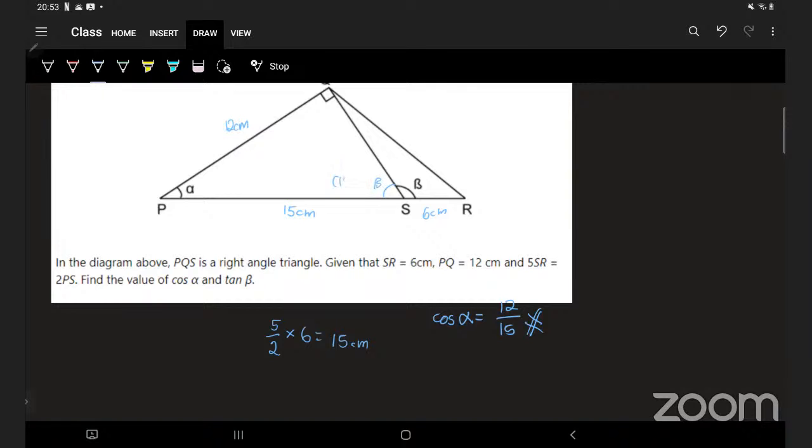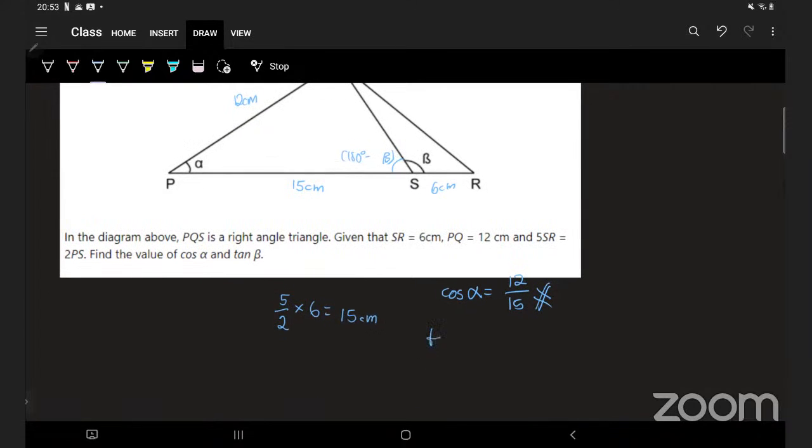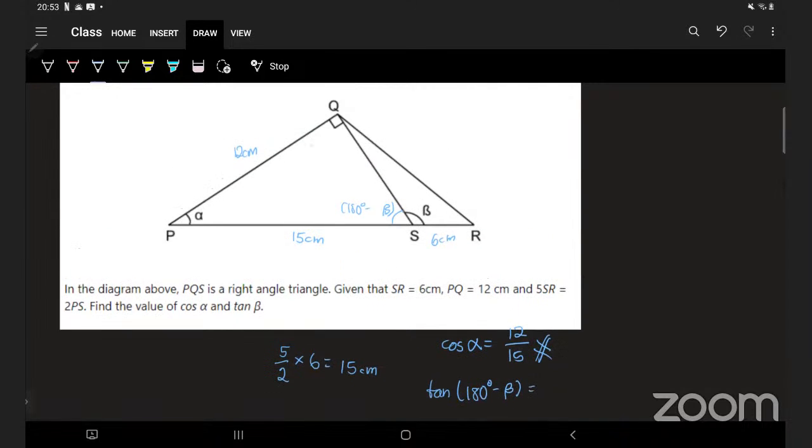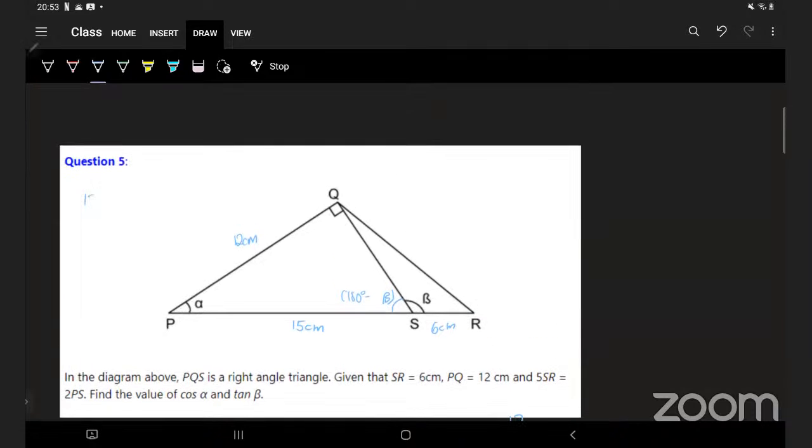So 180 minus beta. You can do it as tangent 180 degrees minus beta is equal to opposite over adjacent. We don't have that adjacent yet, but since this is a right angle triangle, we can use the Pythagorean theorem as always. So we get 12 squared plus 15 squared is equal to QS squared.